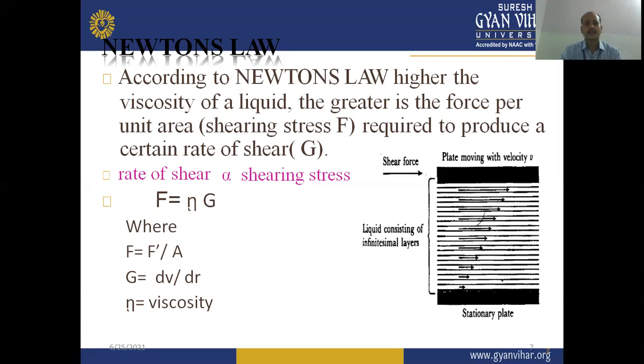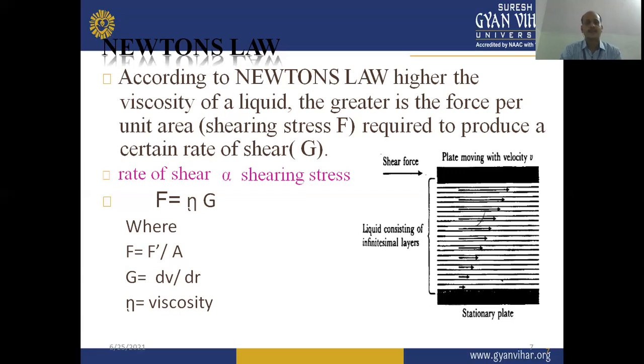Shearing stress is denoted by F dash by A, the force applied per area, and G is dV by dr, where dV is the difference in velocity and dr is the distance from the stationary layer to the different layers.